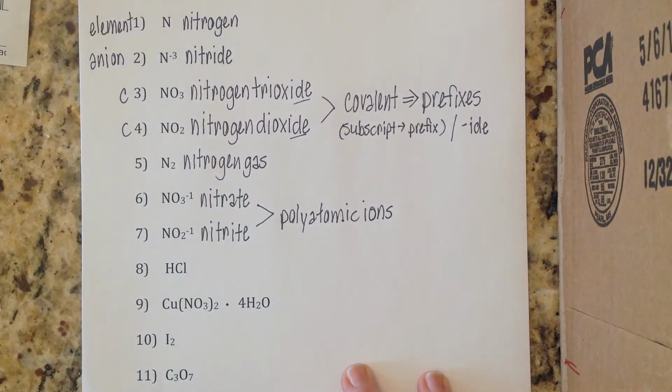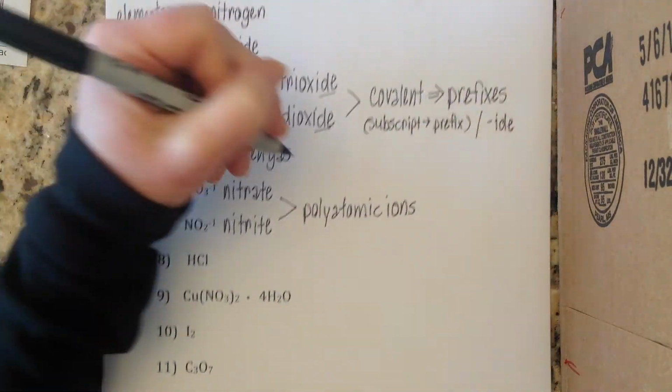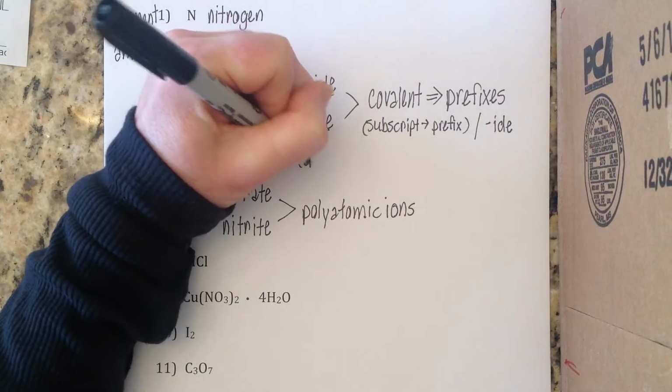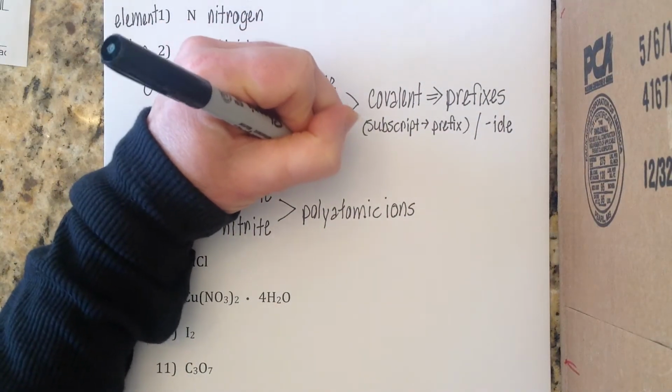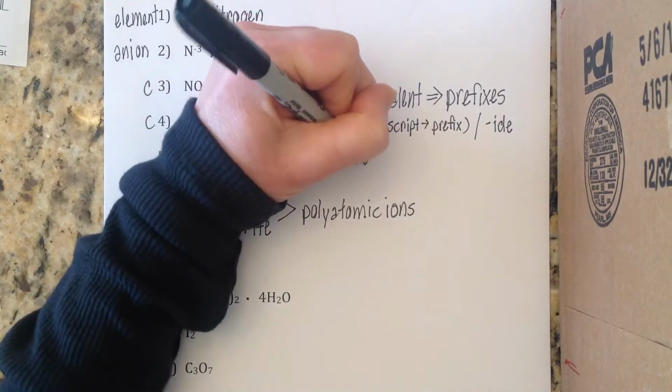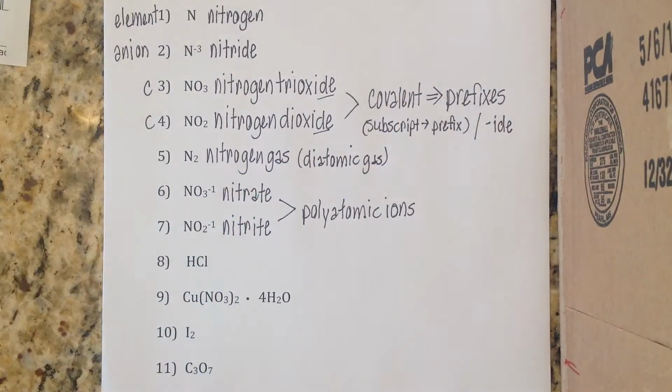I cannot stress enough to you, if you'll just memorize the basic ones, your life will be so much easier. They're just really nice to know. And I'll make a note here, this was a diatomic gas. And we've just memorized those as well.